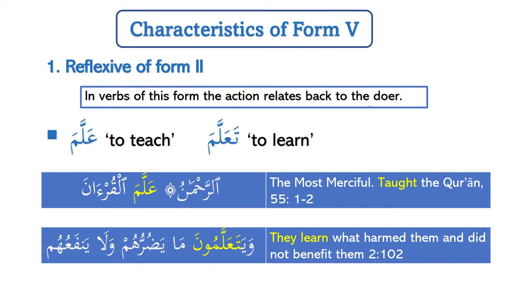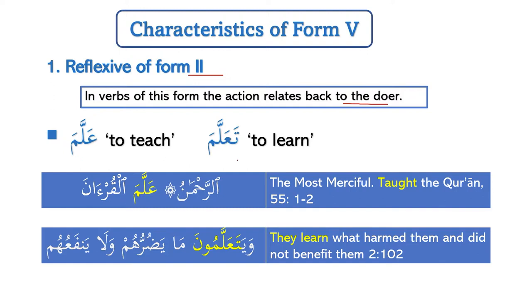Characteristics of form number 5. We will focus on one main characteristic, as we discussed in the beginning, that this is reflexive of form number 2. So in verbs of this form, the action relates back to the doer. So the action goes back to the doer. Allama is to teach.